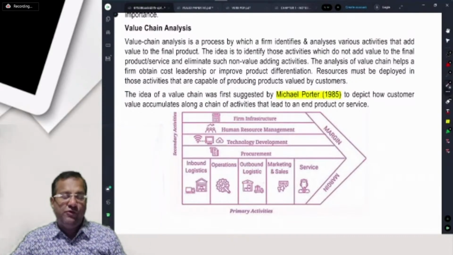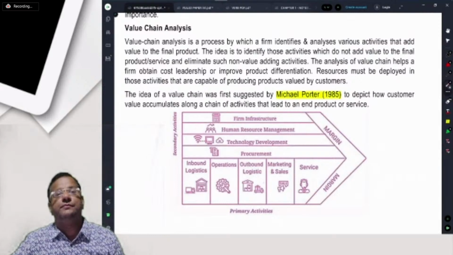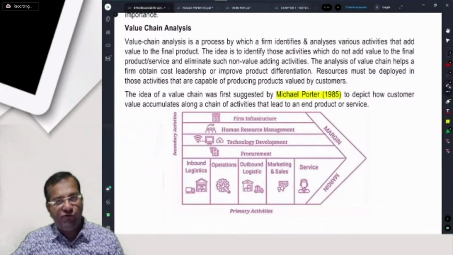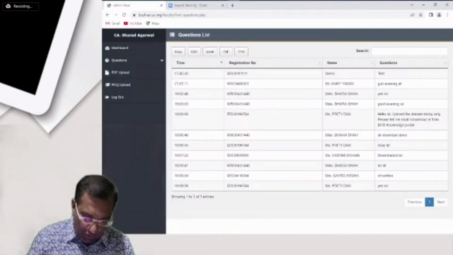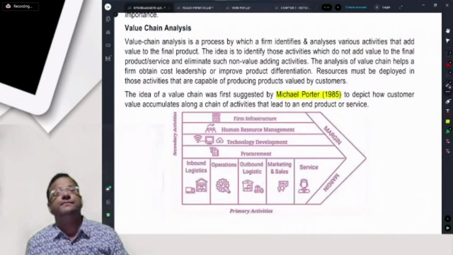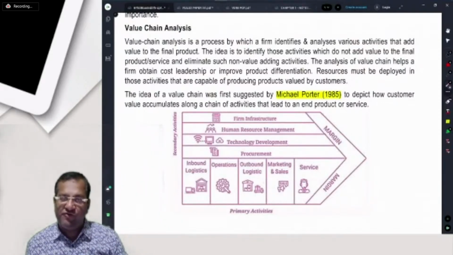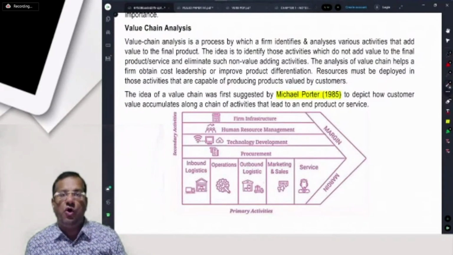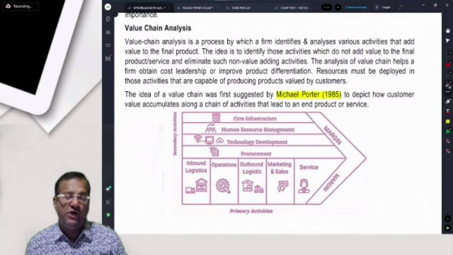The activities, comma, if eliminated, comma, will reduce the value or utility of the product or services to the customer.